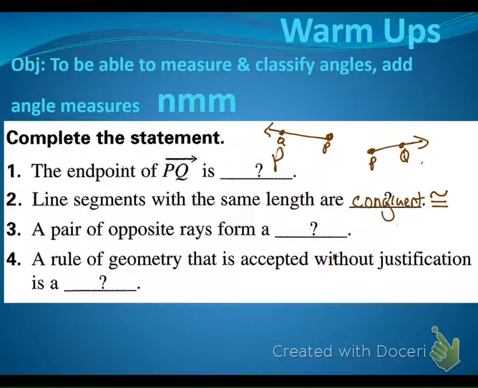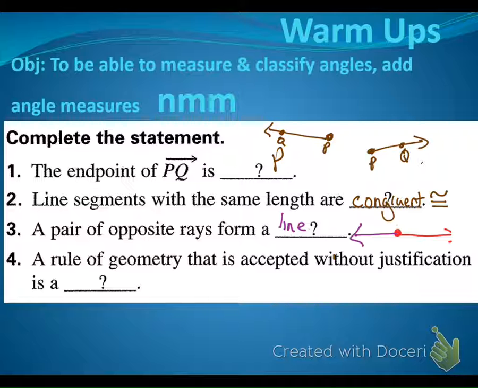A pair of opposite rays form a... So this one's one we kind of have to visualize. If I have one ray going this direction, an opposite ray would make it be going which direction? Yep, the other way. Left. So what did that form? A line.